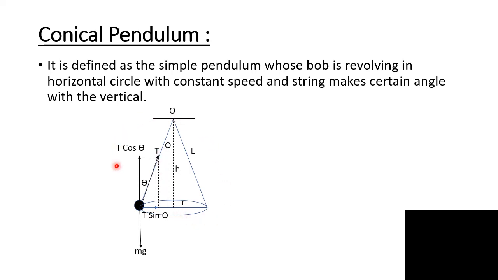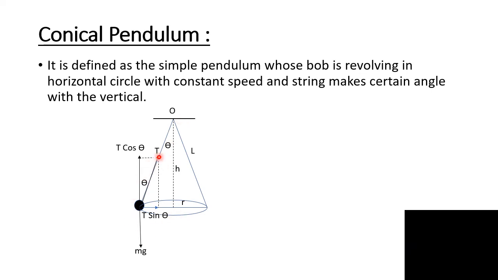This is known as the conical pendulum. In conical pendulum, different forces acting on pendulum bob are: first, weight mg is acting in vertically downward direction and tension in the string T acting along AO.